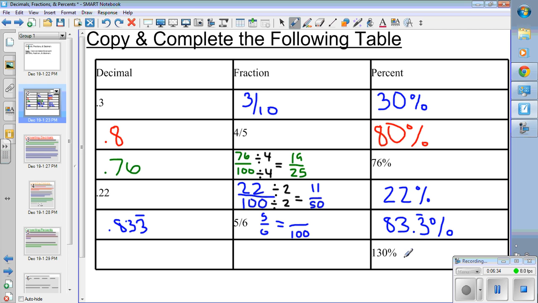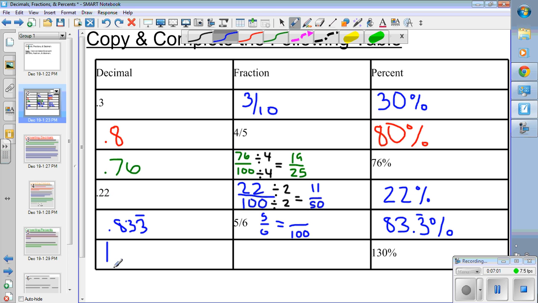Okay, so now this one right here, we've got 130%, which we move our decimal from here over to be in between the 1 and the 3. So we get 1 and 3. Oops, I'm sorry. I'm doing the decimal right away, or the fraction right away. Let's go back to here and erase that.